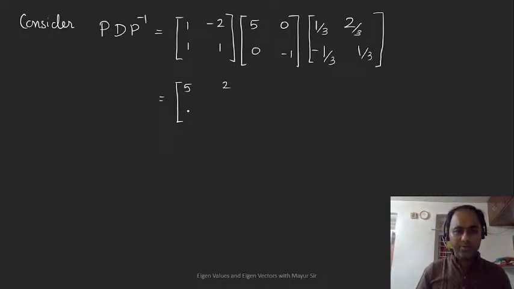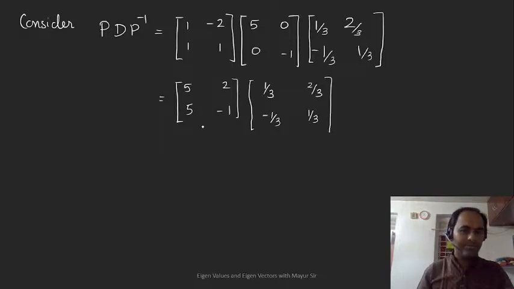Here you go, do the answer. Here you will get 1 into 5 is 5, and here it is minus 1. You do this multiplication now. 1 by 3, minus 1 by 3, 2 by 3, 1 by 3.